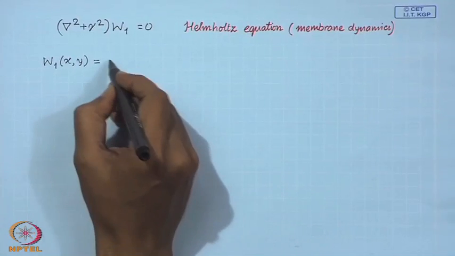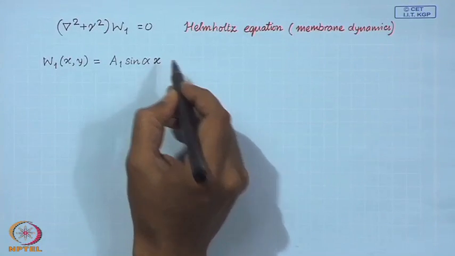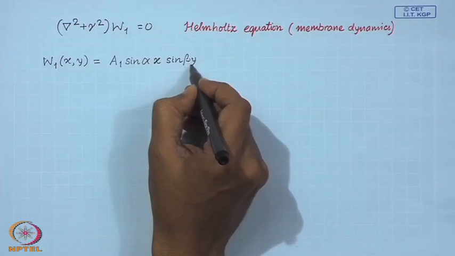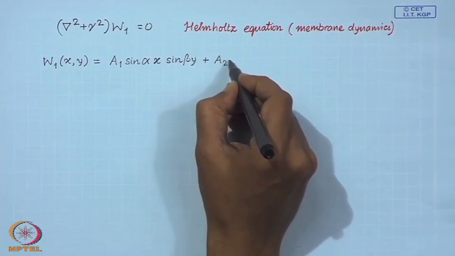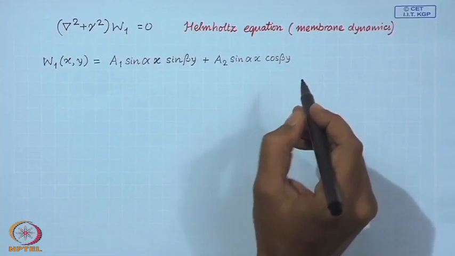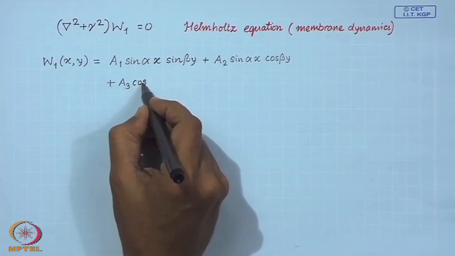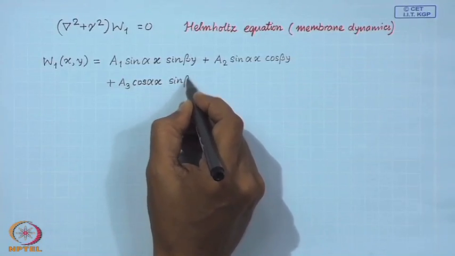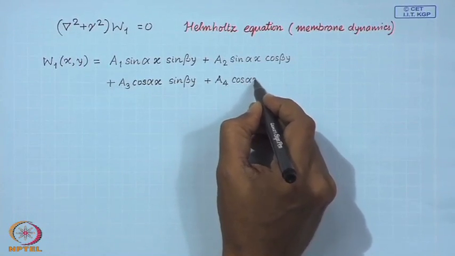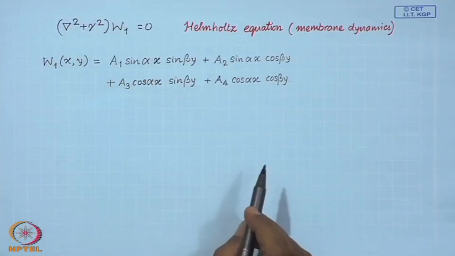we can recall is in this form. So, the general solution of this differential equation is, so that is the general solution of the Helmholtz equation.